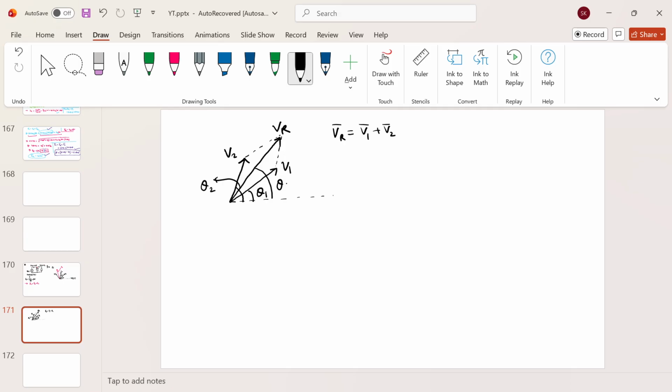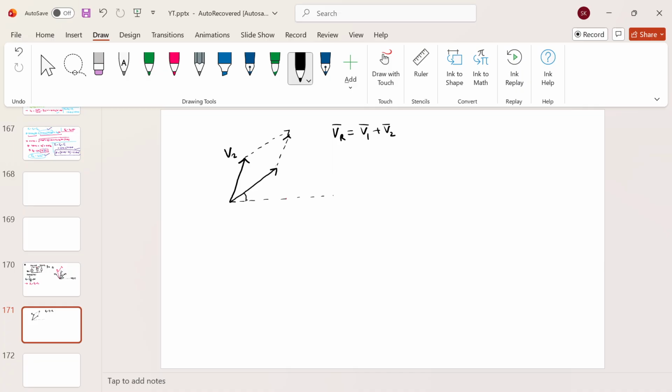Now, how do we calculate the magnitude alone? If you want to calculate the magnitude, we need a right angle. Maybe I can erase this theta 1 for now, and I'll try to draw things more clearly.